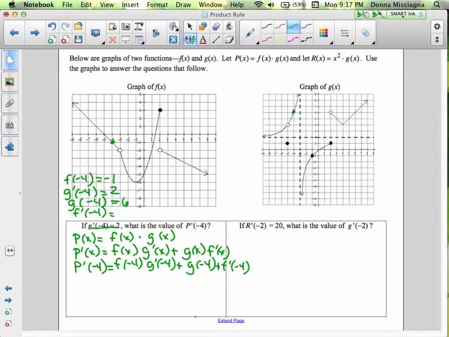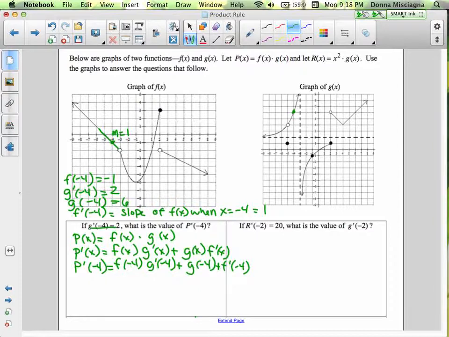Except we have f of x, and f prime of -4, remember, is just the slope of f of x when x equals -4. And they were kind enough to make sure it was a line, and a really easy line to figure out. So our slope is 1. So that means f prime of -4 is just 1.